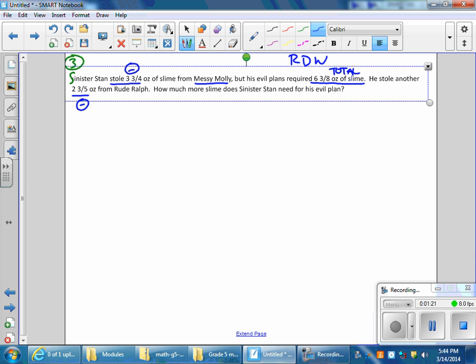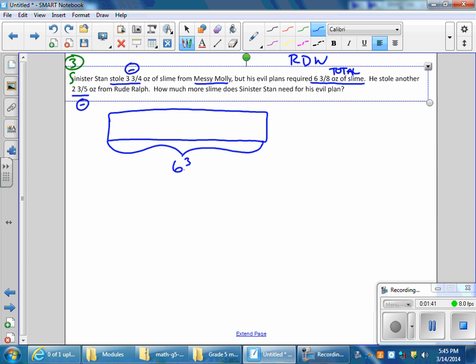Okay, so now I'm going to think of how a tape or a diagram might help. So I create a tape, and I know that it looks like Sinister Stan needs a total of 6 3/8 ounces.